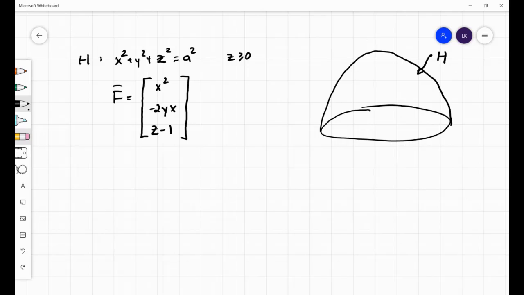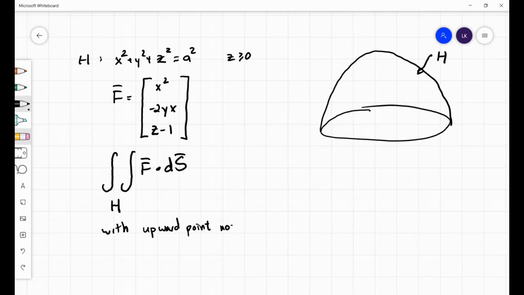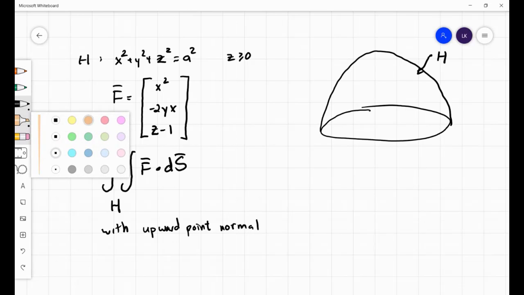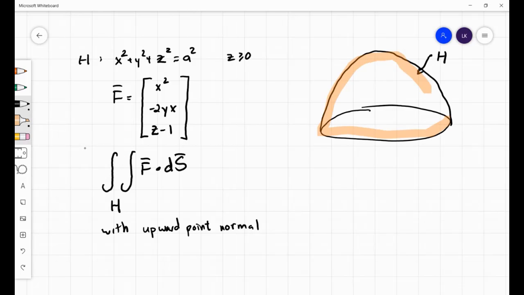And what they want you to find is a flux integral through that hemisphere with upward pointing normal. In other words, our normal vector, if we have our surface, which is our hemisphere, yeah, that's our hemisphere.